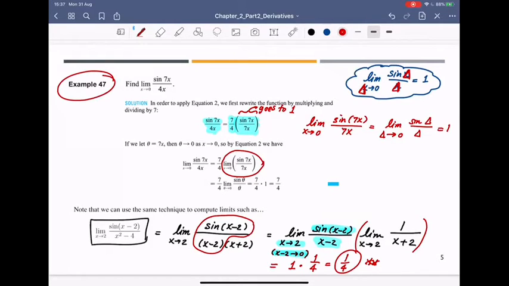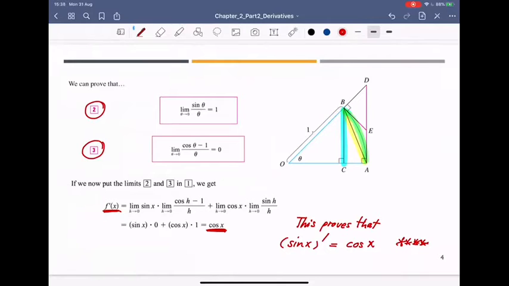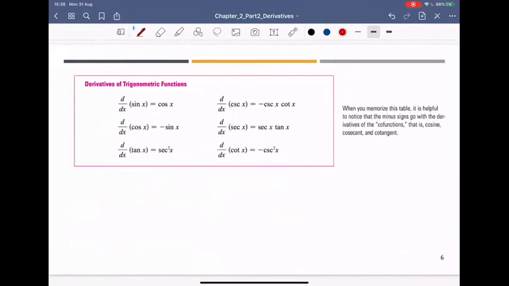So this is just the corollary that we have on this slide. Let's come back to the derivative part. We already did that: if you have sine x, you differentiate, you get cosine x. Now, we have a set of formulas here. If you differentiate sine, you get cosine.